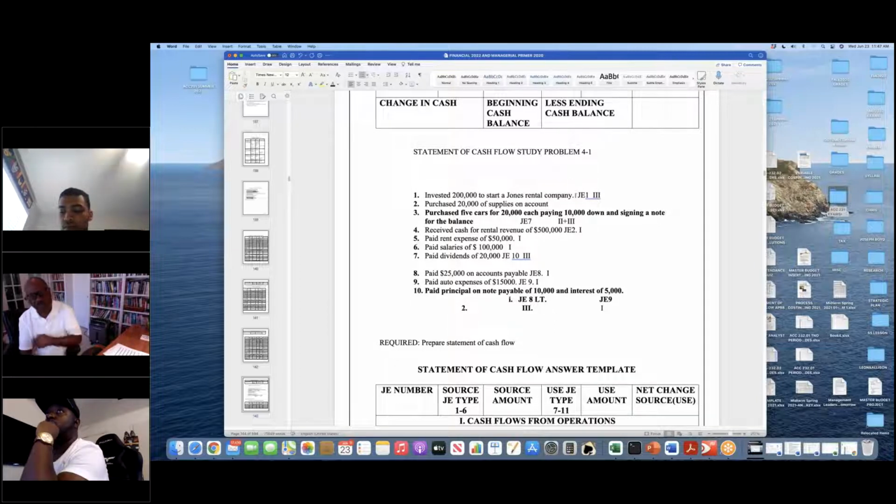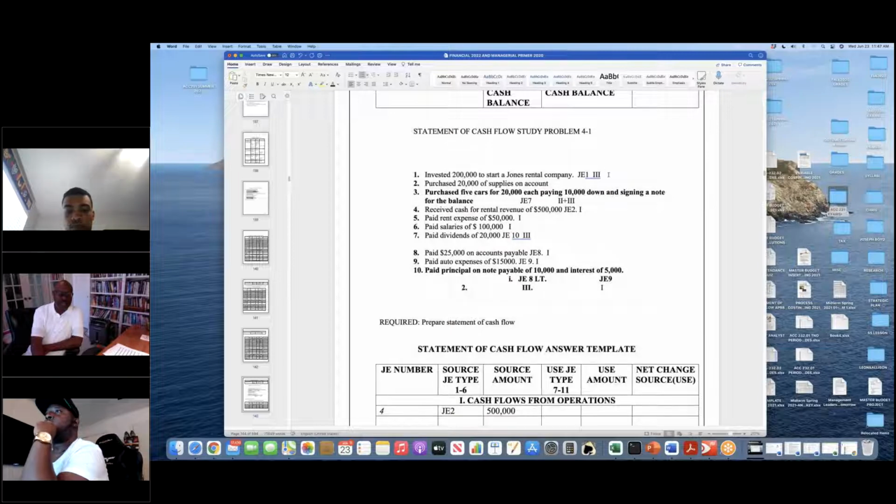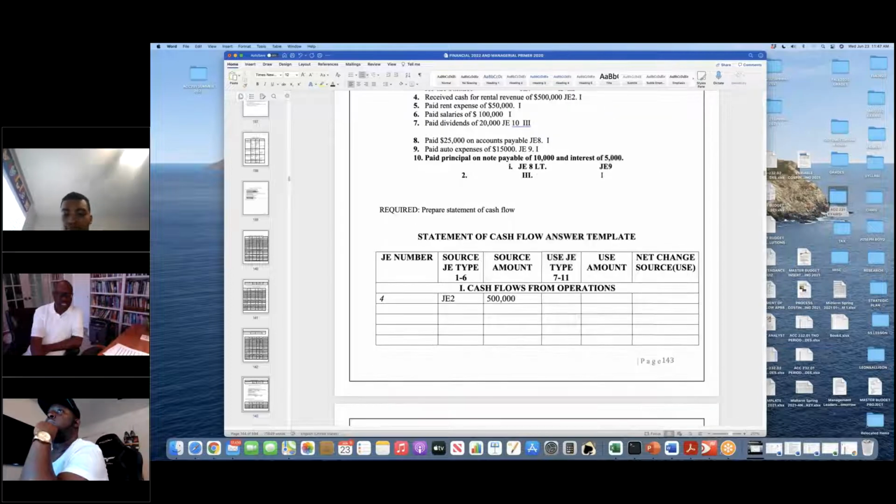So go to 4-1, put in your journal entry types. Put your journal entry types down and determine what you're going to scratch. So that's what I want you to do.